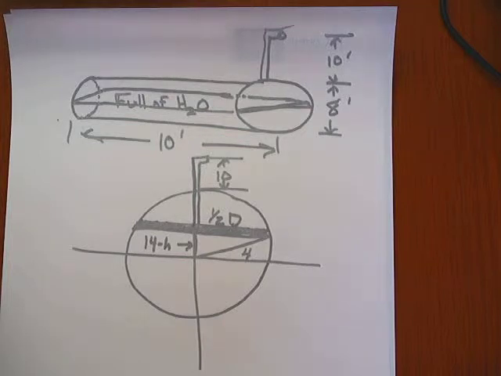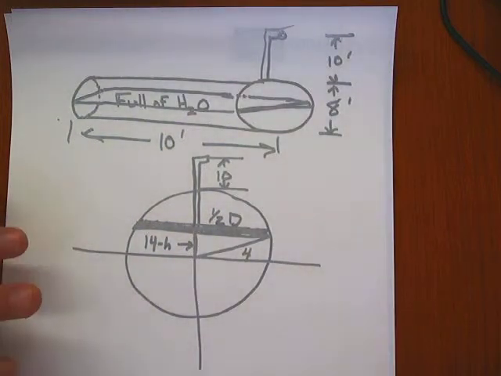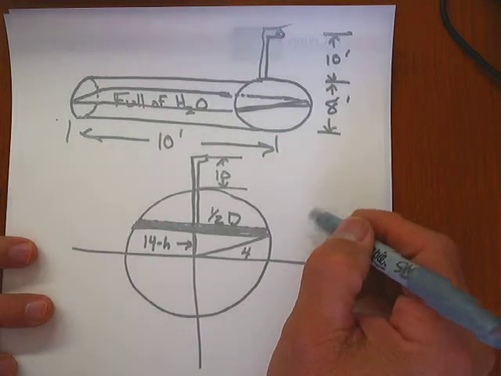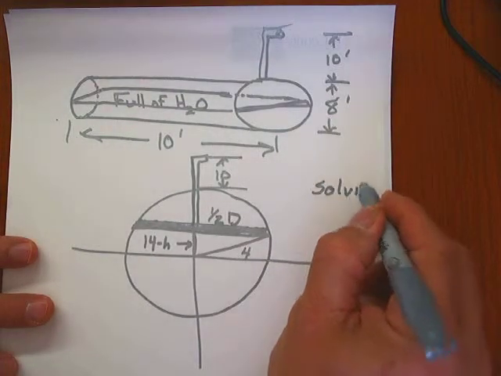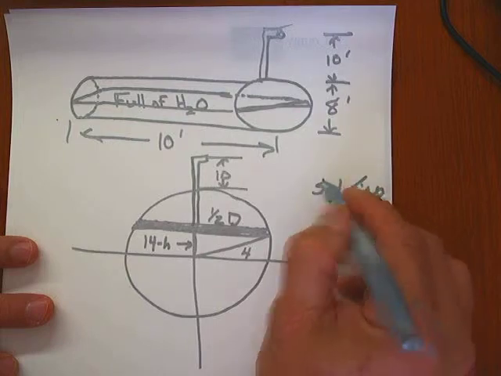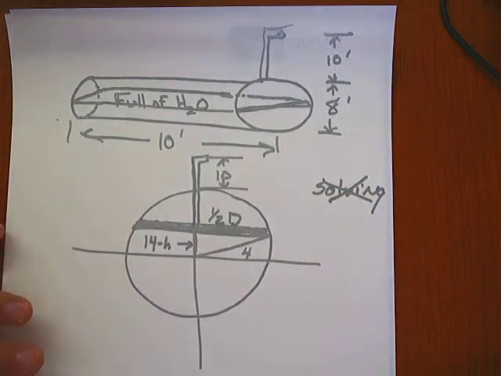Again, I guess water is 62.4 pounds per cubic foot, and I'm looking mostly at the relationship here because that was where everybody was asking questions yesterday. Now, again, I want you to know that we're not solving. I think that's where everybody's getting kind of mixed up.